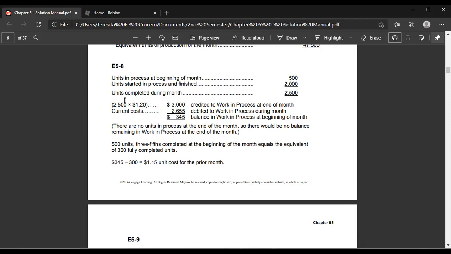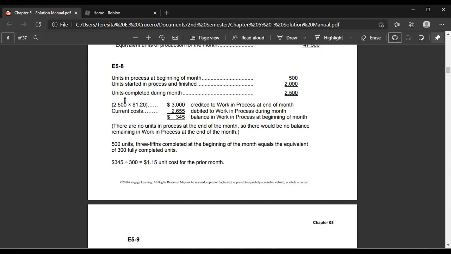And in the current month, cost of materials, labor, and factory overhead incurred in the current month totaled 2,655. Take note that you are given the unit cost of production for the month of 1.20. So you multiply that by the equivalent production of 2,500. That will give you 3,000. Now, as given, the unit cost of production for the month and the cost for materials, labor, and factory overhead incurred in the current month total.